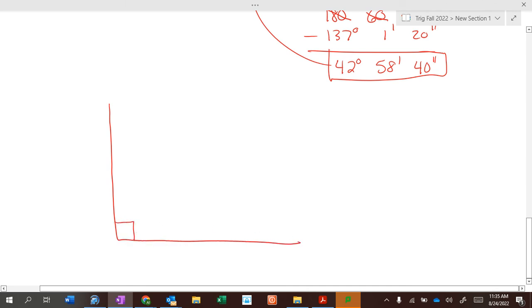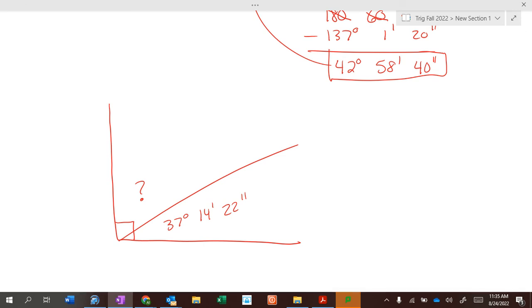What type of angle is that angle? That's a right angle, which is 90 degrees. If I split off 37 degrees, 14 minutes, and 22 seconds off of that, what is remaining from that angle? Let's find out.